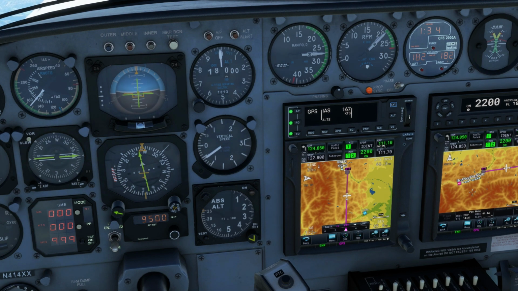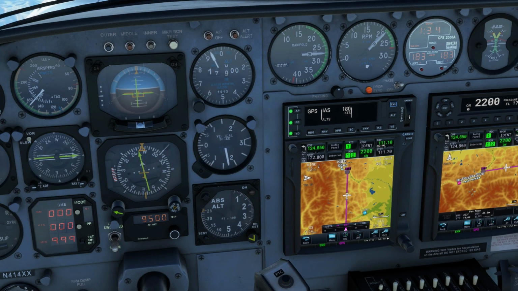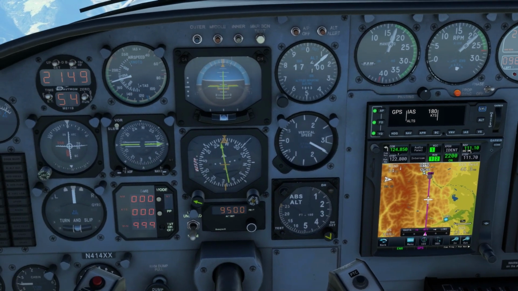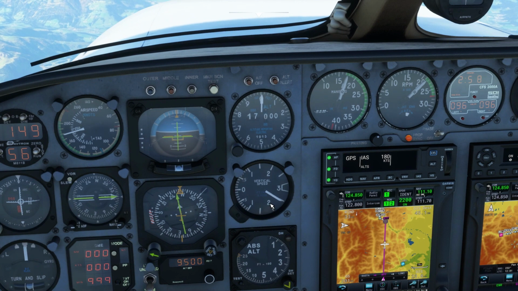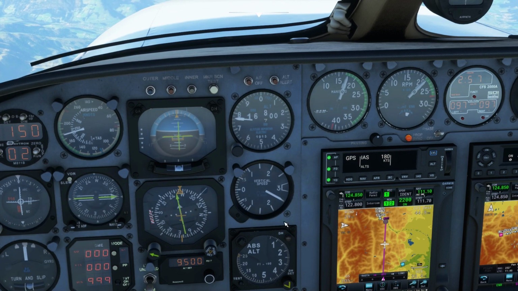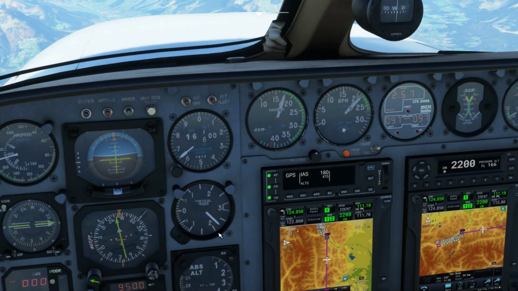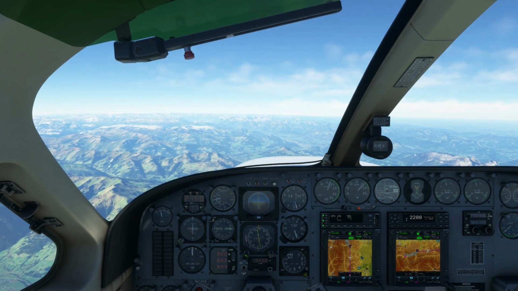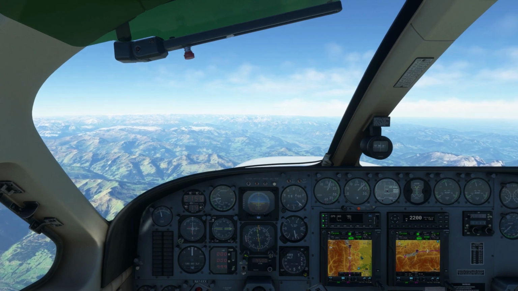I usually go 180, and I put this to the end of the green, the manifold pressure, so that means 17 inches of mercury manifold pressure, which gives me about 2000. It will go higher, of course. Okay, so 2,200 feet per minute descent rate, something like that, which is perfect.